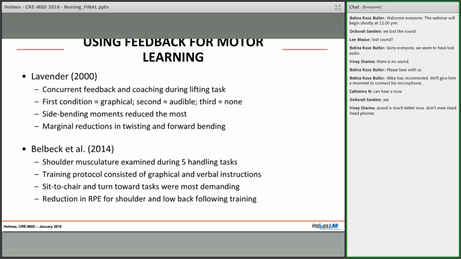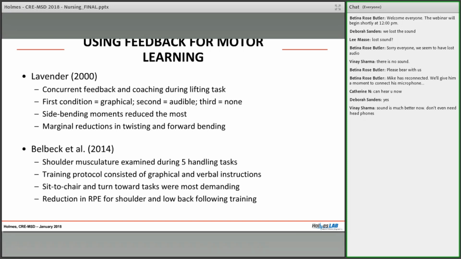In terms of feedback, there's been a little bit of work done in the area, but not much. Lavender did a study in 2000. This wasn't on a nursing population, but they performed feedback and coaching during a lifting task. They found that side bending moments were reduced the most, and they only found marginal reductions in twisting and forward bending with their intervention.